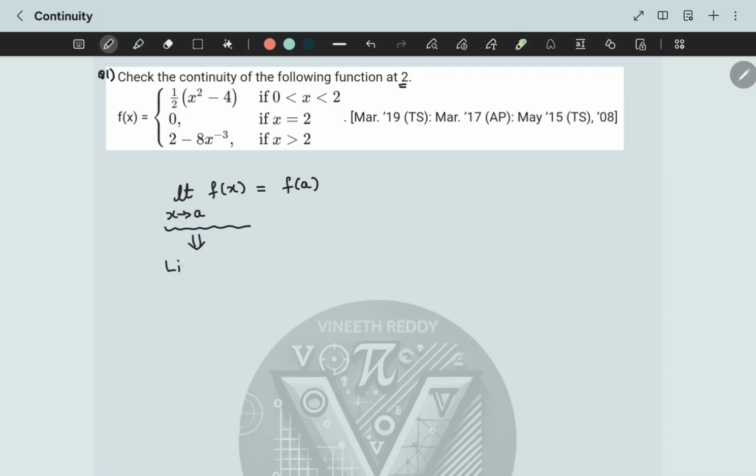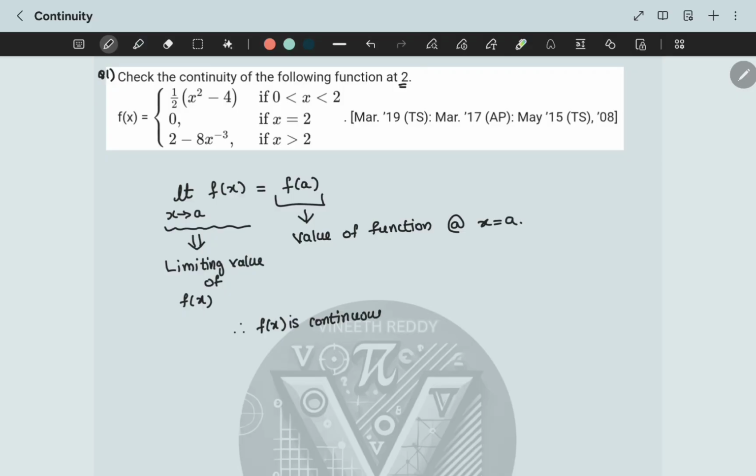This means the limiting value of f of x, and this is the value of the function at x equals a. If these two are equal, then we can say that f of x is continuous. So students, I recommend you to pause the screen and note down this definition, and please remember this definition. We will be using this definition in all the questions. Okay, I'm now erasing it.